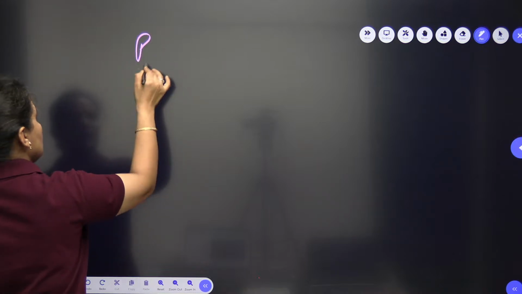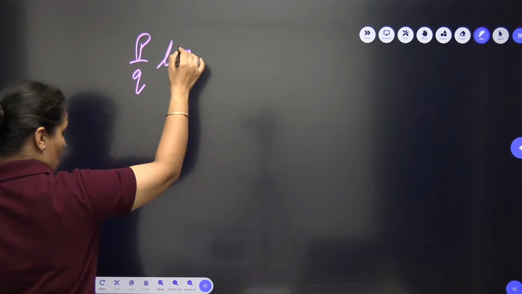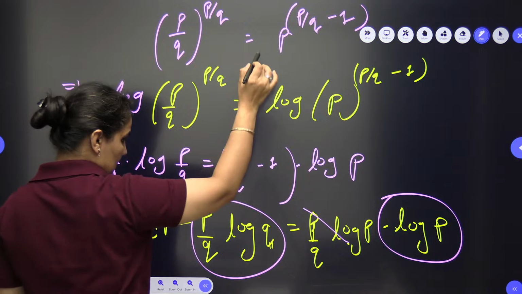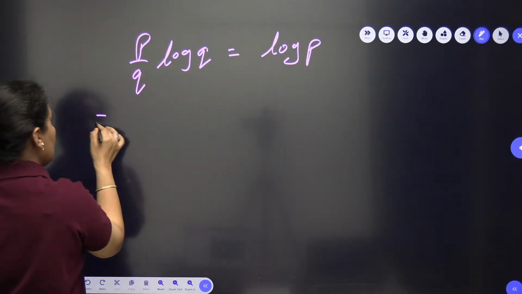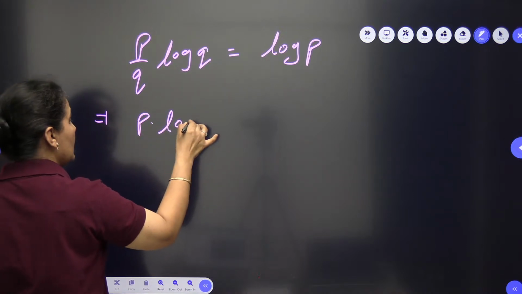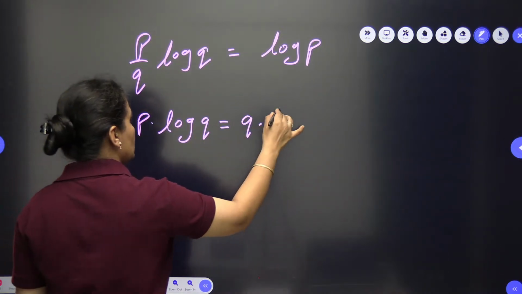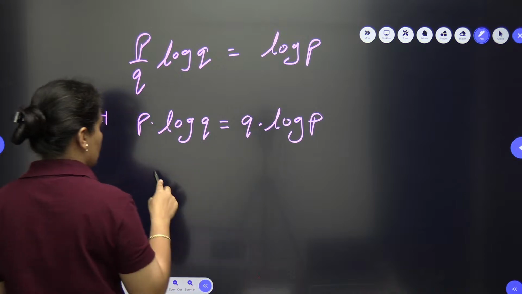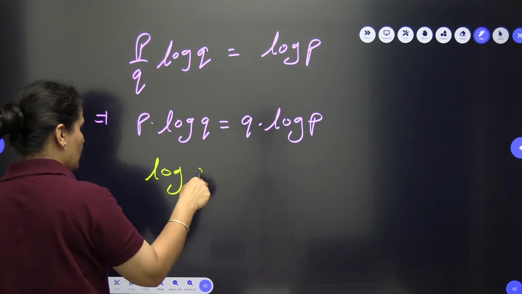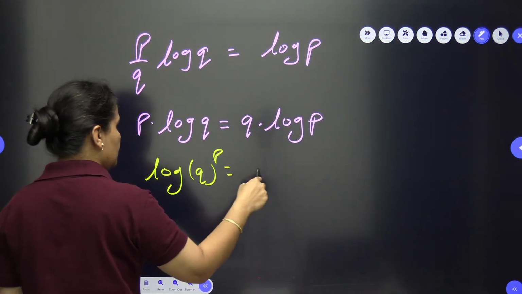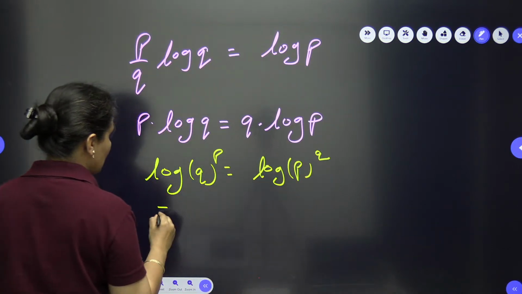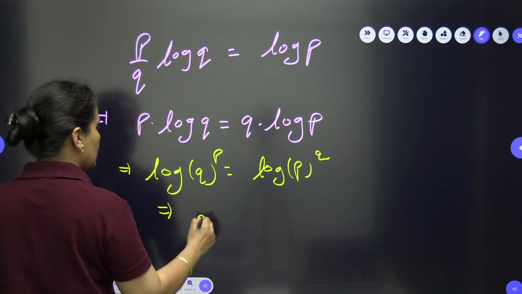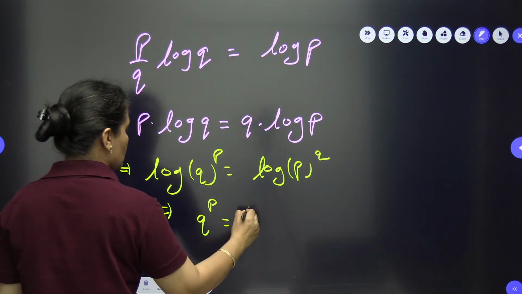So this is P/Q log of Q equals log of P. So I can write this is nothing but P log Q equals Q log P. So this we can write as log of Q to the power P or log of P to the power Q.